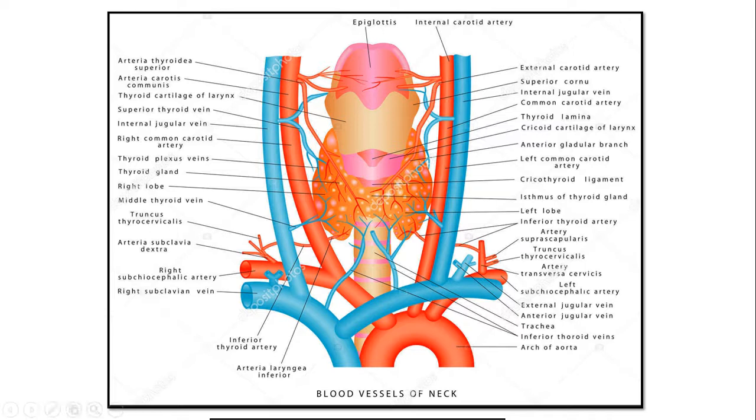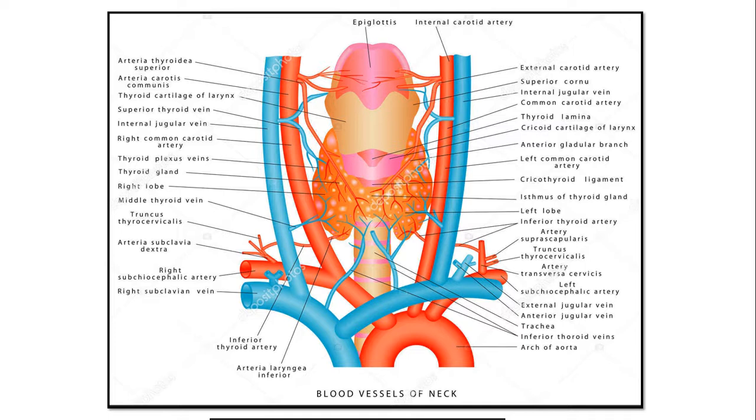Both can be used, but actually the one more likely to be seen clearly is the external jugular vein, because the internal jugular vein lies just below the sternocleidomastoid muscle and it's a little bit hidden. You cannot see it clearly. So the external jugular vein is used most, but both can be used. They have the same anatomy and the same end.